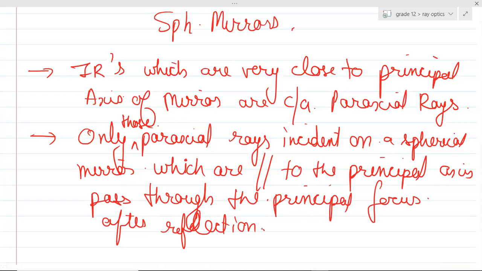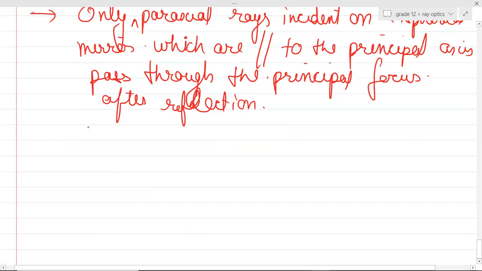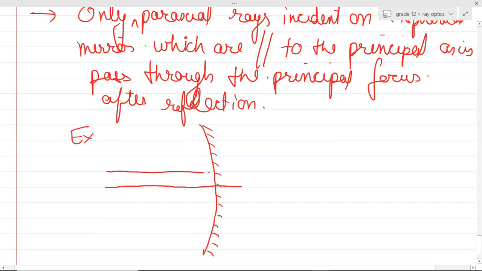So always remember, only those paraxial rays which are parallel to the principal axis pass through the principal focus. Let me try to draw this for you. Example, suppose this is your convex mirror. Can you see these rays? Let's say these rays are your paraxial rays, this is your focus and this is your center of curvature.